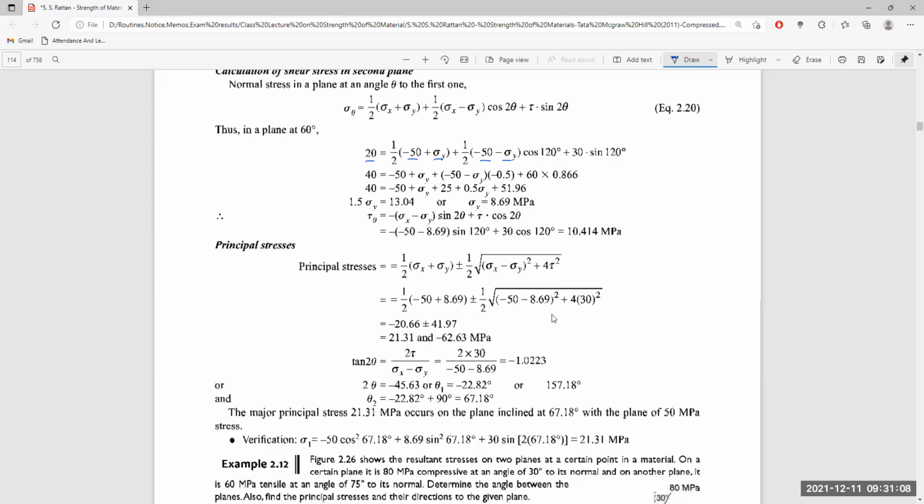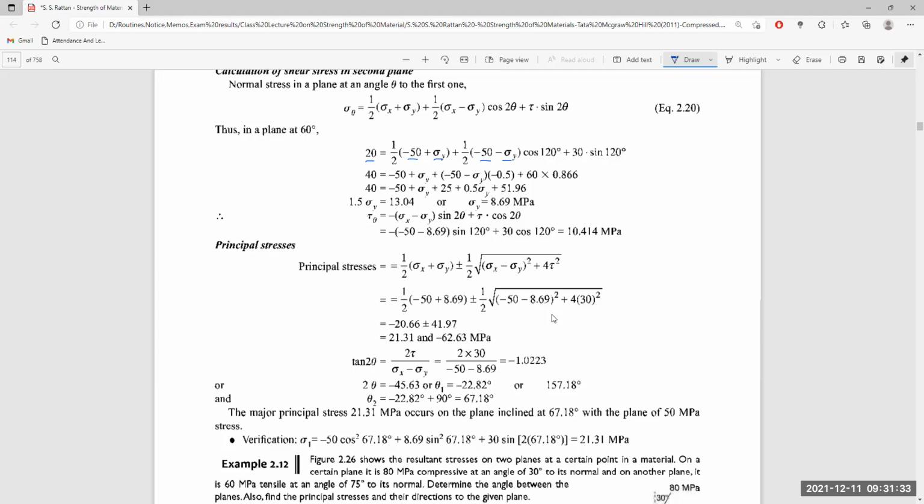And tan 2 theta is equal to 2 tau divided by sigma x minus sigma y. So that is equal to 2 into 30 divided by minus 50 minus 8.69, which is equal to minus 1.0223. So 2 theta is equal to minus 45.23, or theta 1 is equal to minus 22.82.